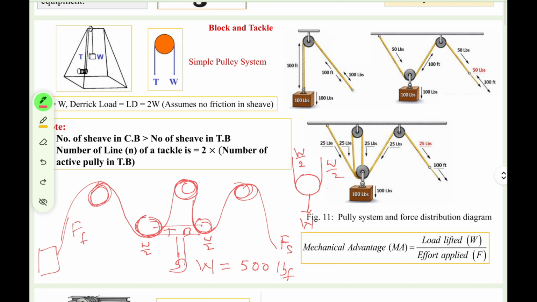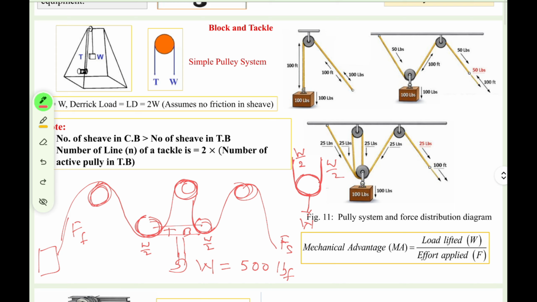So can I say that as the number of ropes increases, the weight is divided into parts?